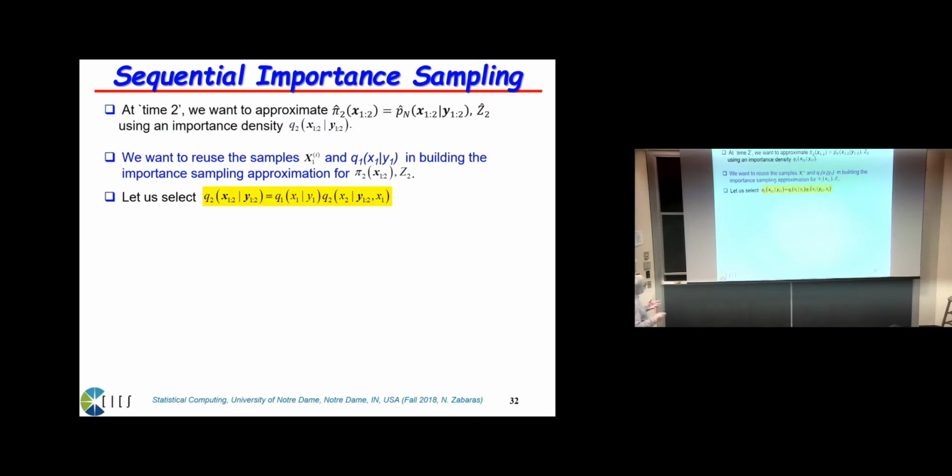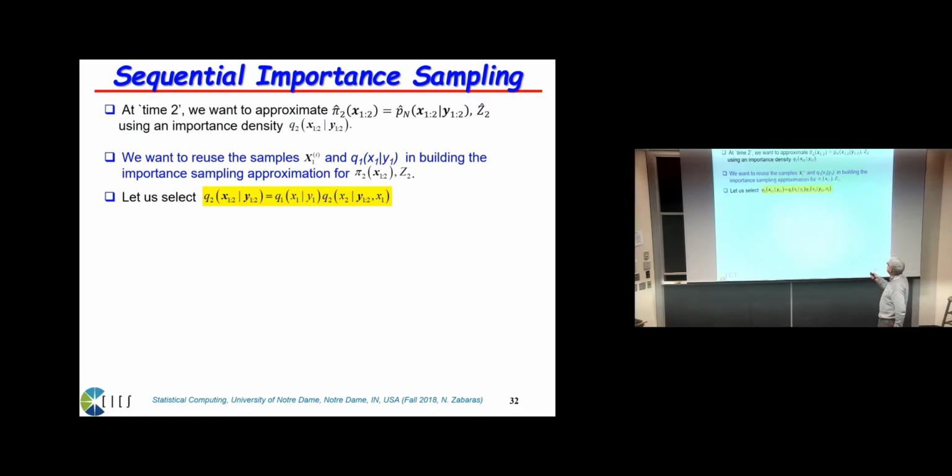Tell me, why is this significant? The importance distribution here has the previous importance distribution of time 1 times q2, that is x2 given x1 and all the data. So what makes this equation nice?